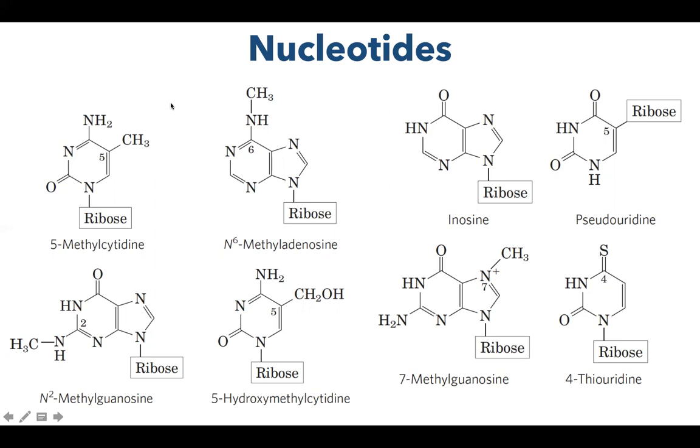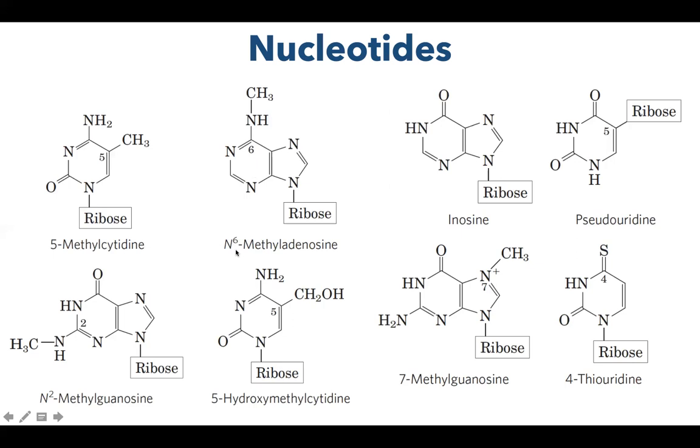Mainly, these are derivatives of the five nitrogenous bases mentioned earlier. An example would be 5-methylcytidine. So this is cytidine with a methyl group attached to carbon 5.